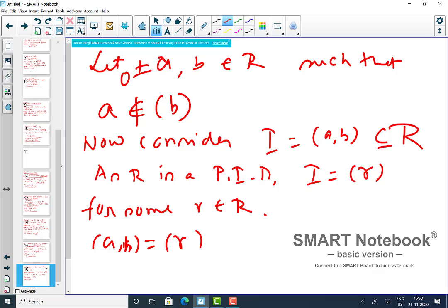So now this implies that B belongs to this ideal generated by r, right? What does that mean? That means B equals some r1 times r, for some r1 belonging to R. Okay. Now the question is, can r1 be a unit?